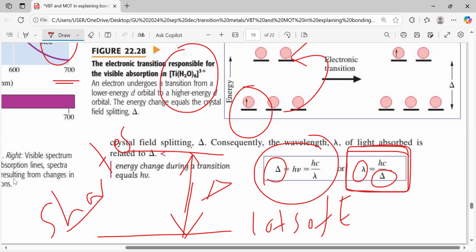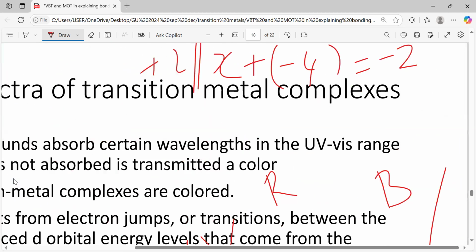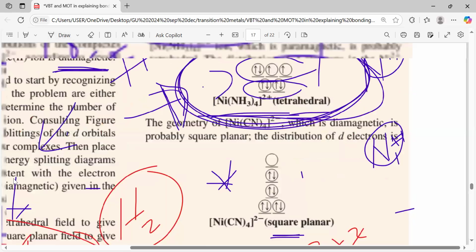So ligands that create a bigger split will cause absorption of high energy wavelength, and therefore your complex will be reddish in color. Let's see the ones that create bigger splits, for those who have forgotten.